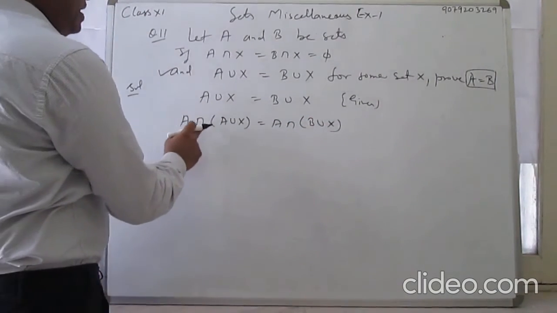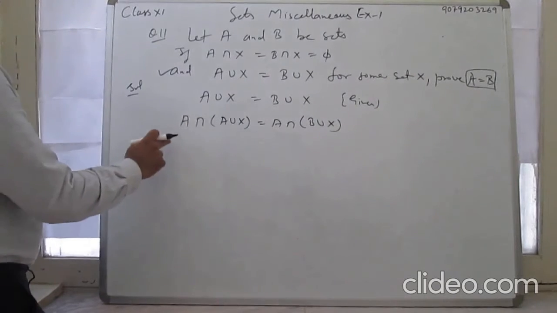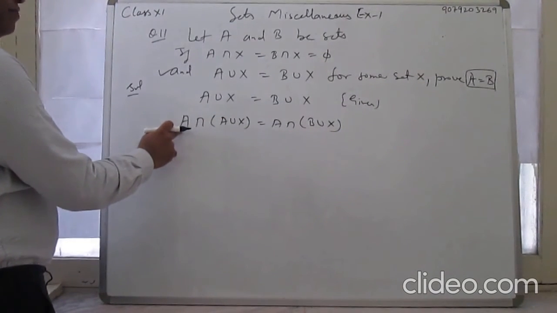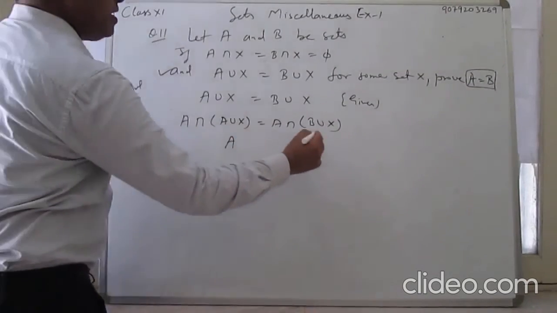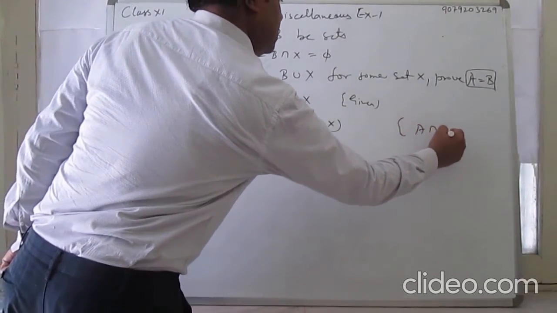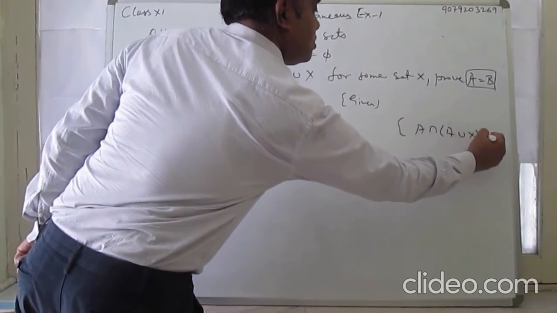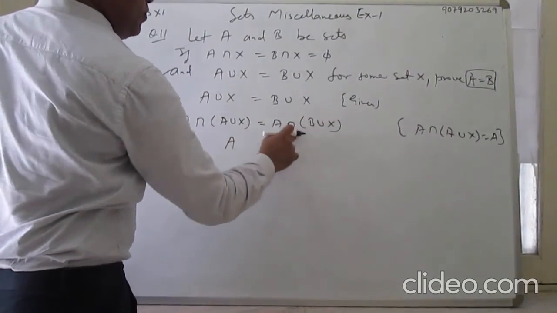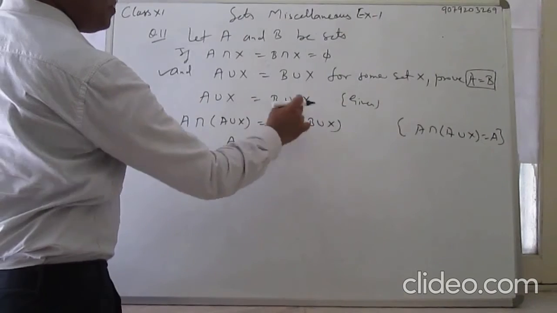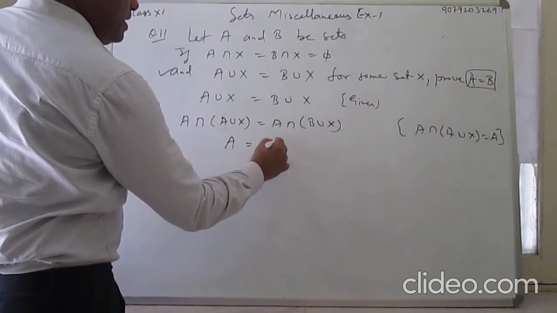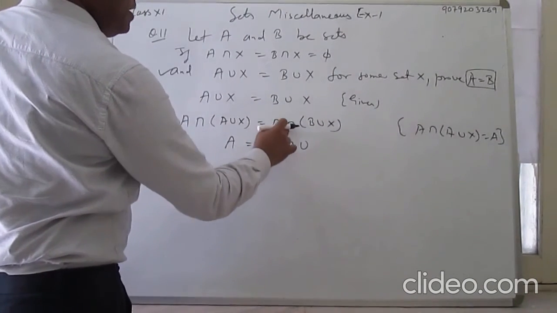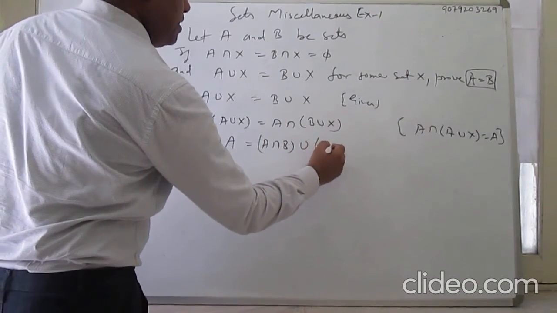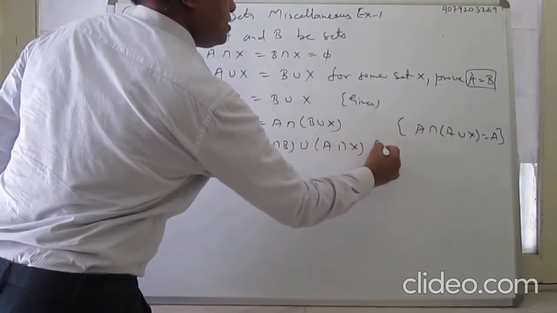Now what will A intersection (A union X) become? A union X is the universal set, and taking its intersection with A, what will it become? Instead of this you can write A and use distributive property in this. Distributive property, intersection over union, so (A intersection A) union (A intersection X).